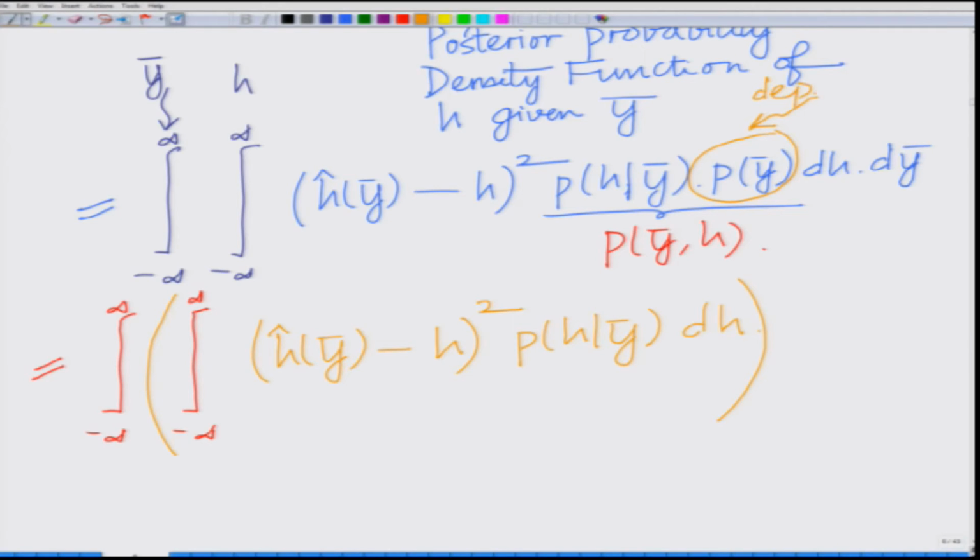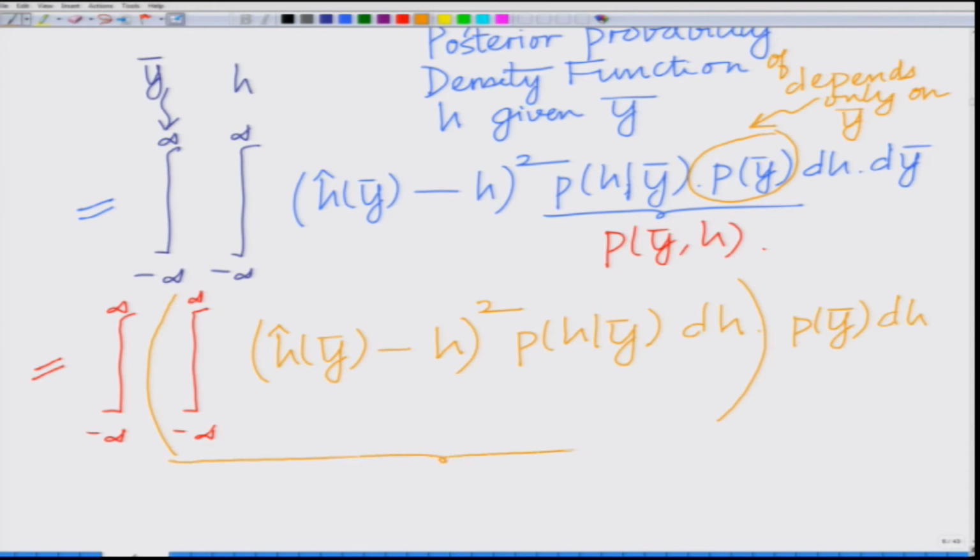So, P of y bar depends only on y bar. So, I can move this into the outer integral, all right. And this is basically your inner integral, correct, with respect to h.